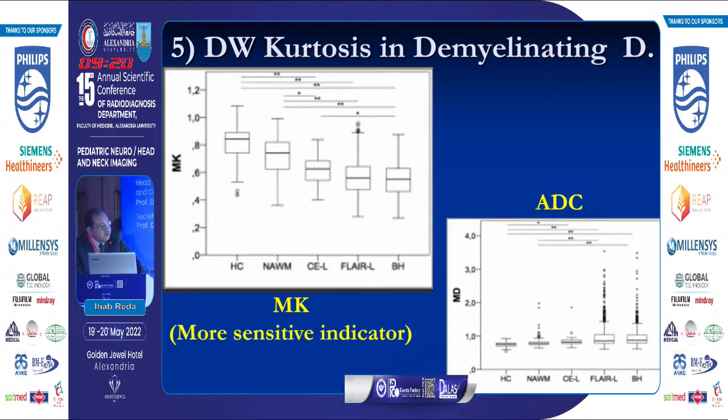It has different values for the healthy control, for the areas of normal appearing white matter in MS patients, areas of enhancing patches, areas of hyperintense patches, and even in the black holes. All of them had different values of mean kurtosis. While if we look at the ADC, you can see that the ADC has nearly comparable values and cannot differentiate between all of them.